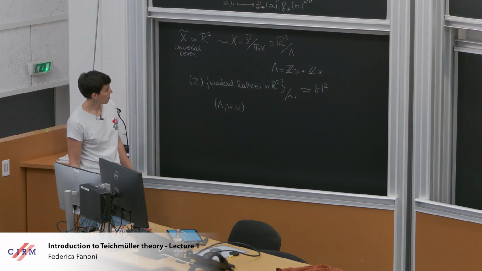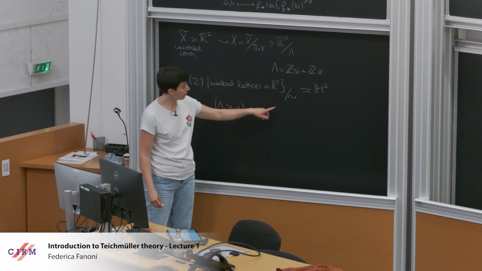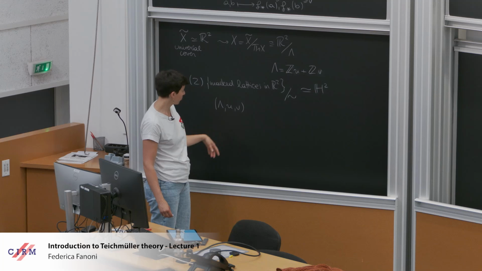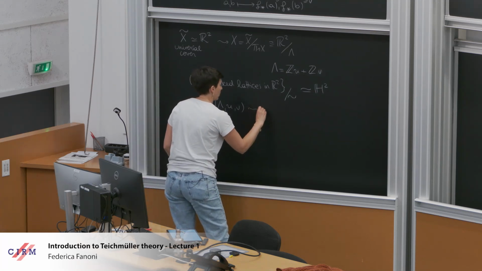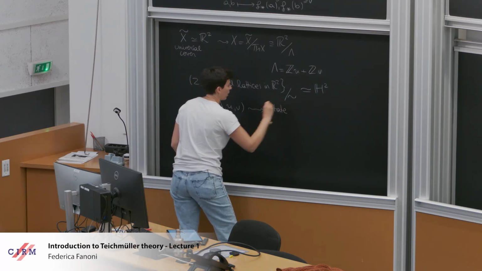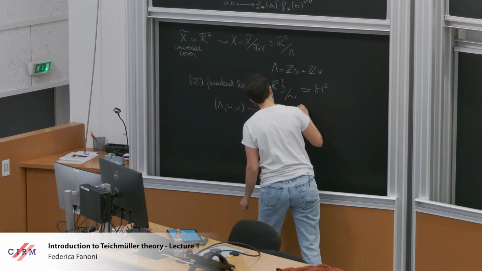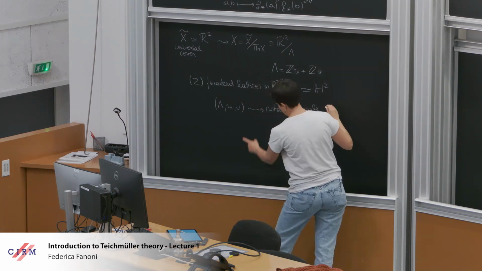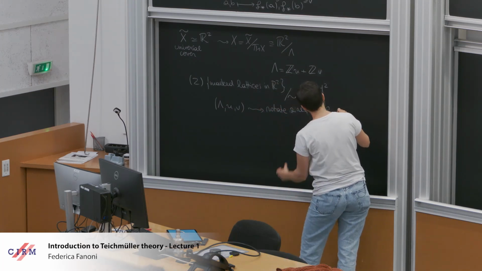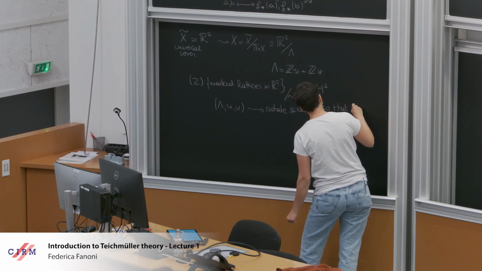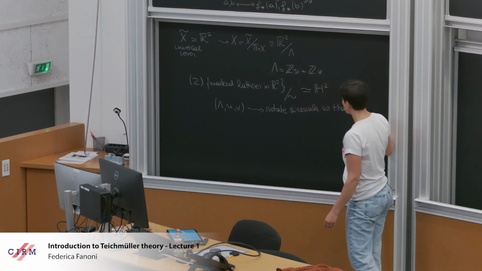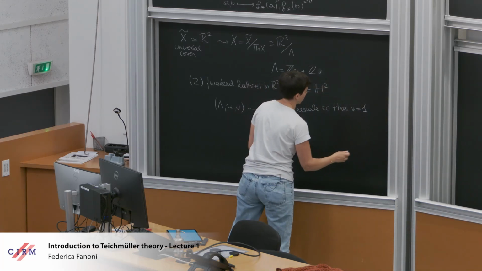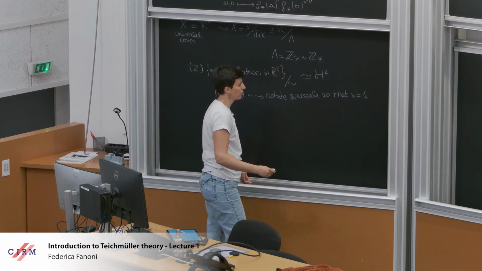now what I can do, I can move this in its class by isometries and homotheties. So what can I do? I can first of all rotate and rescale this lambda and so its basis, so that u is sent to u prime equal to 1.